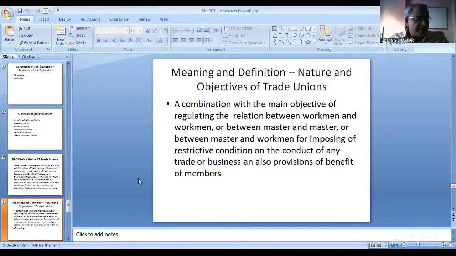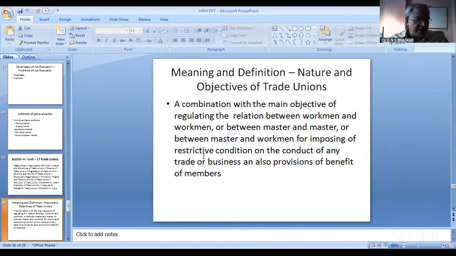And it is a combination actually. The trade union is a combination, an association of the wage earners, as given by Sidney and Beatrice Webb. They defined a trade union as a continuous association of wage earners for the purpose of maintaining or improving the conditions of their working life.